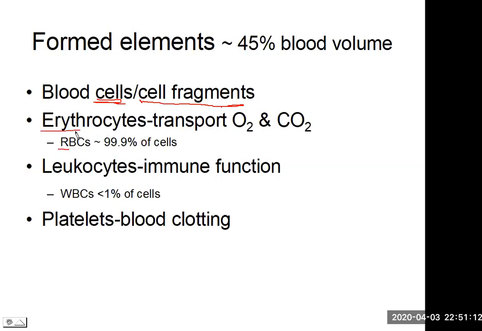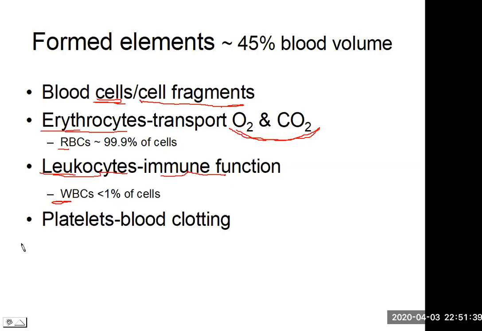So we have the mature red cells, the erythrocytes, and their purpose is principally transporting the gases, oxygen and carbon dioxide. Leuco meaning white, so the mature white blood cells, the leukocytes, and they have various immune functions in promoting the healing process.